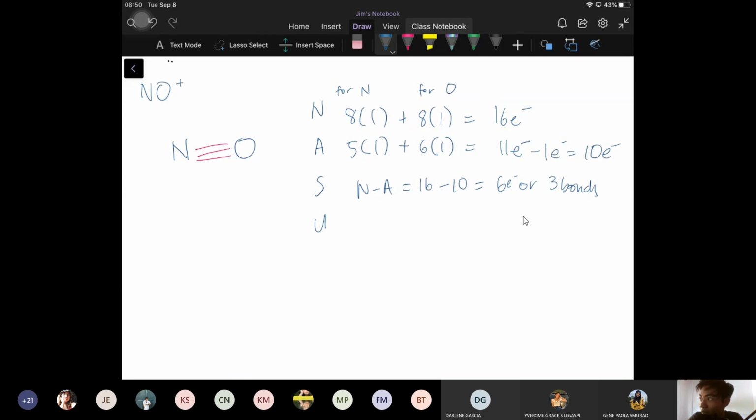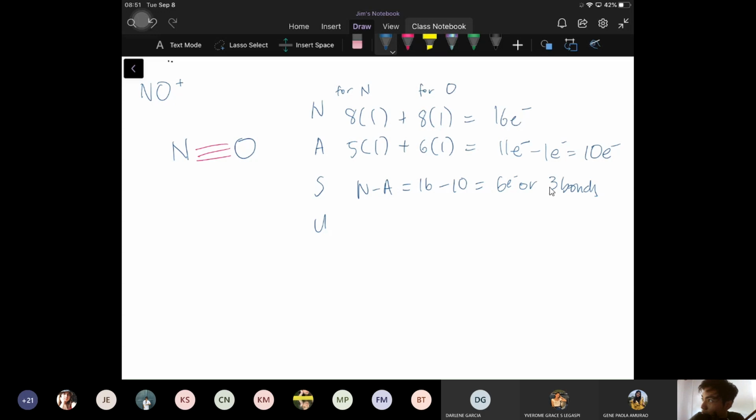So, NO, we have 3 bonds. So that means you have to place the 3 lines in between nitrogen and oxygen. Bawal po dito sa side na to. Bakit? Wala naman kasing atom doon. So in between the two atoms lang. So that means we have a triple bond.